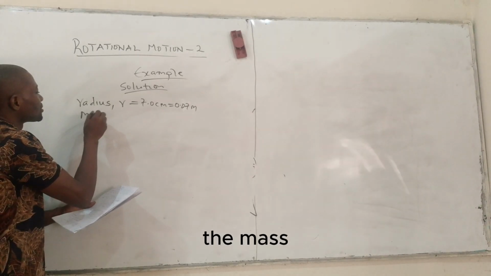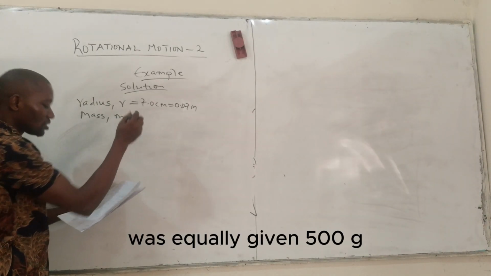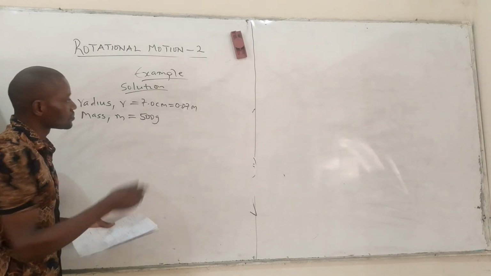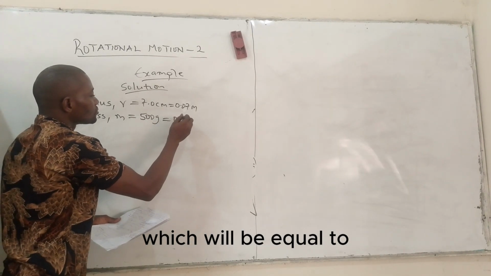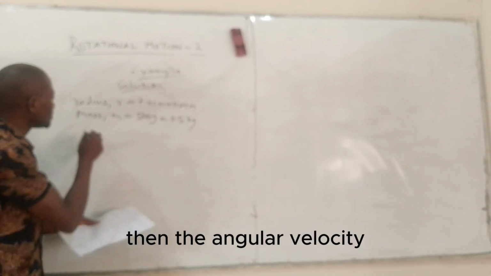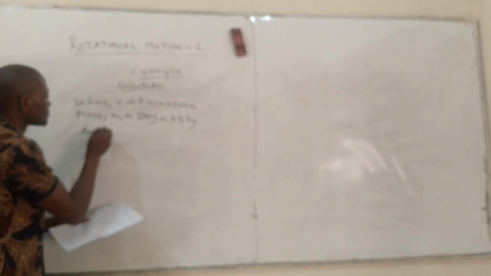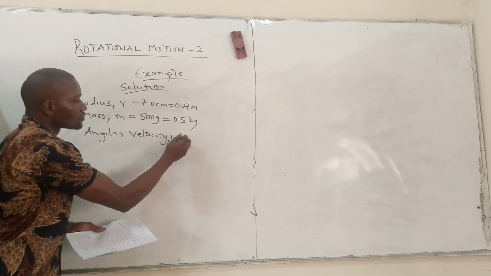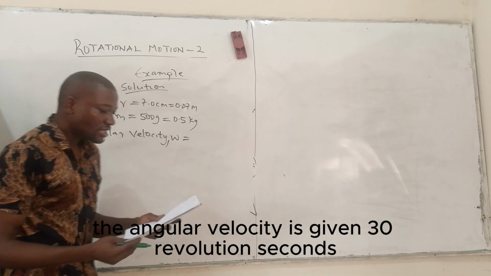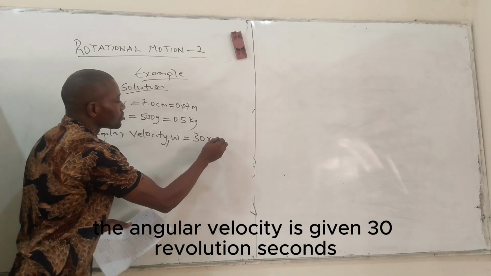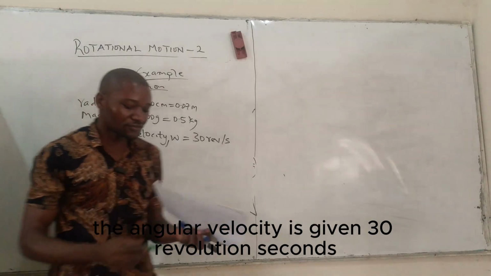The mass was equally given, 500 grams, which will be equal to 0.5 kilogram. Then the angular velocity is given, 30 revolutions per second.